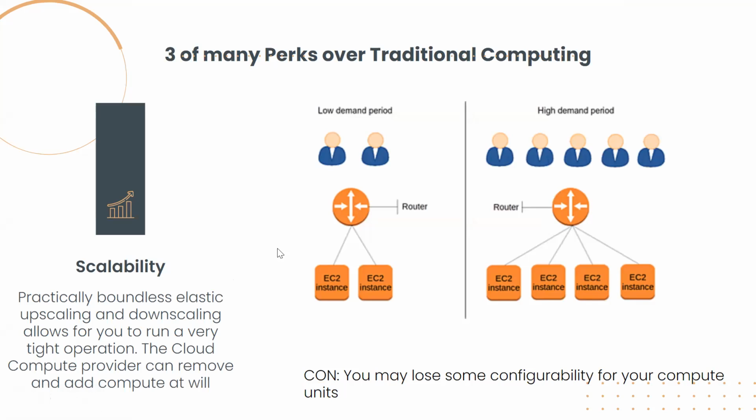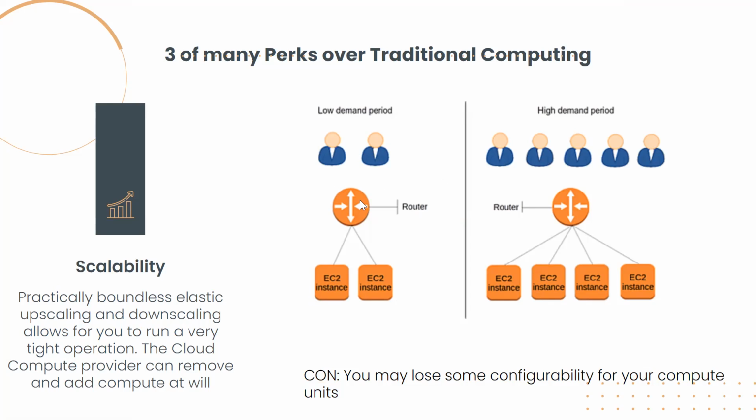So, for example, we have Amazon here in AWS. If you have low demand to your website, your service, then AWS will automatically scale down the number of servers, EC2 instances, that you are using to match the demand for your certain service.